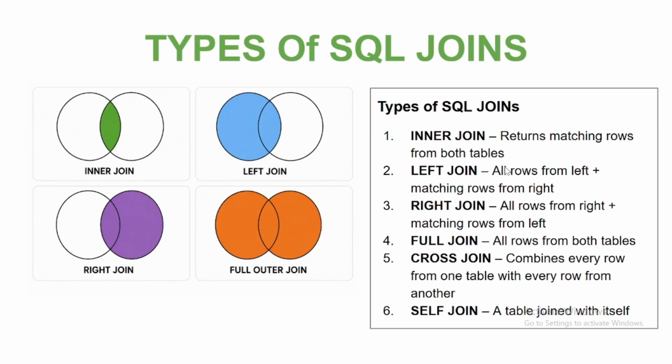Then left join returns all rows from the left table plus matching rows from the right. Right join returns all rows from the right table and then matching rows from the left table. Similarly, full join returns all rows from both tables. And then cross join and self join. We will try to understand this practically in upcoming tutorials.